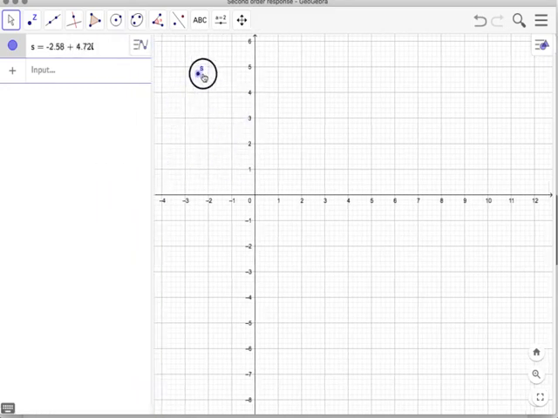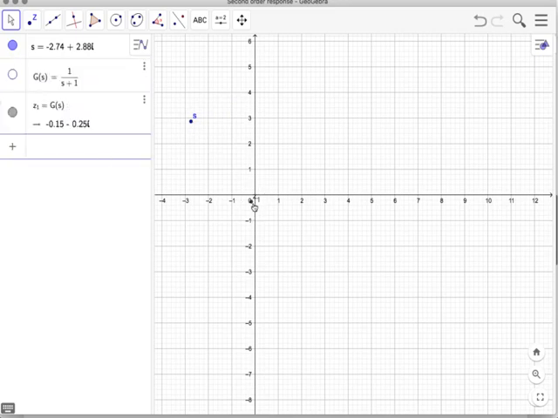So you can see this is just a normal point on a plane. Now I can also define g of s, and what I want you to see is that there's a mapping. I've got this function that is defining the mapping.